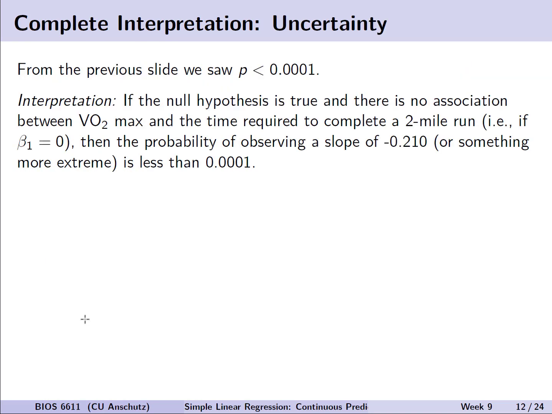The fourth and final quantity in our complete interpretation is some measure of uncertainty, which in many cases will be a p-value. And from the previous slide, we saw that p was very small and less than 0.0001.